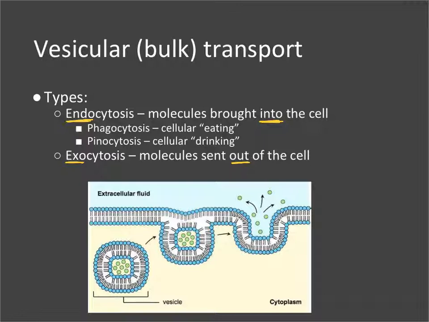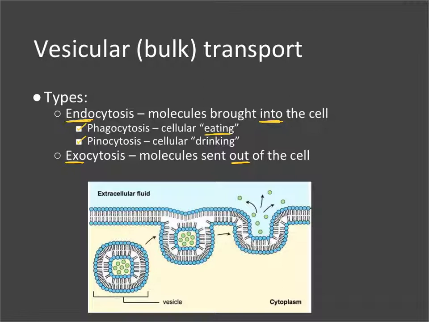Now we can further break down endocytosis into phagocytosis and pinocytosis. And phagocytosis is considered cellular eating, meaning that whatever is being brought into the cell is something that is typically big and solid.